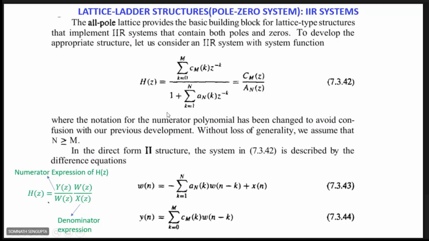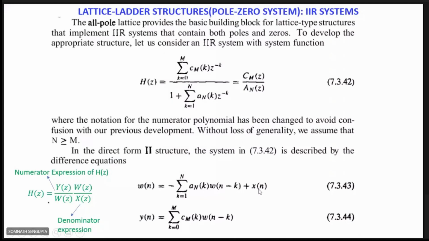That means W(z) by X(z) is equal to 1 upon 1 plus the sum from k equal to 1 to n of an k z to the power minus k. This represents the denominator expression. Now if you take the inverse Z transform, this equation will come: wn is equal to minus the sum of ank wn minus k plus xn.